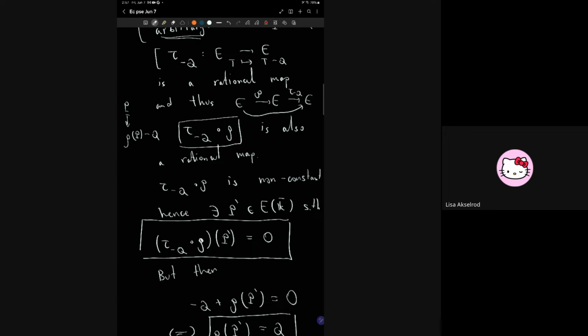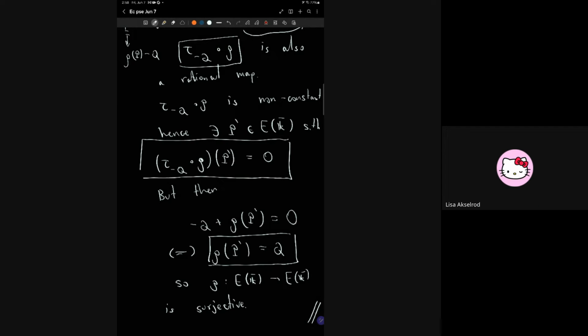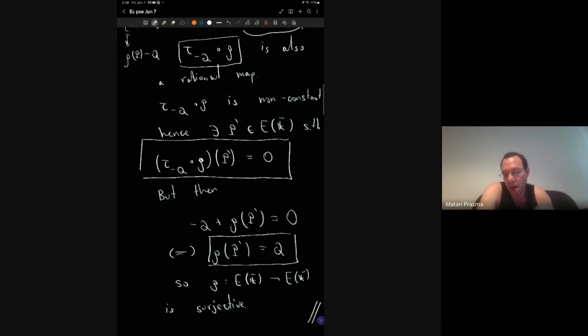But this is simply saying that rho of P prime minus Q is equal to O, which is the same as saying that rho of P prime is equal to Q. Okay, so I get that rho is surjective. Q was arbitrary, and I have found a point P prime such that rho of P prime is Q.